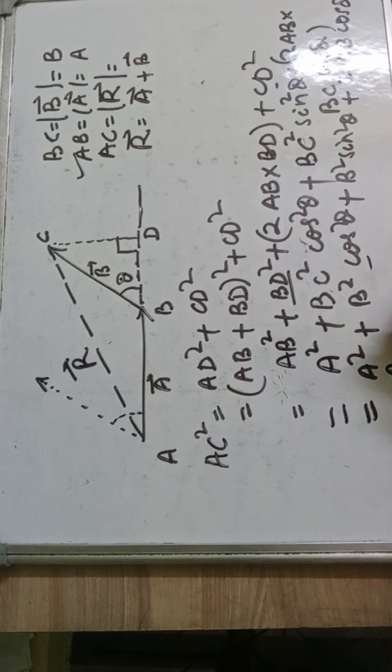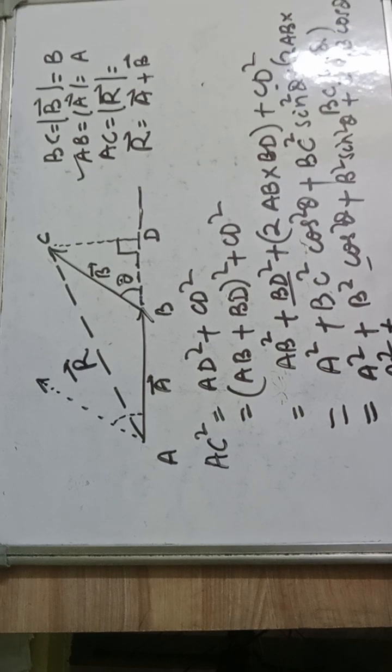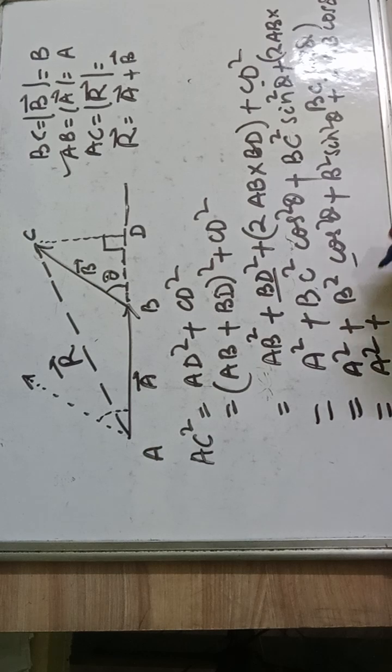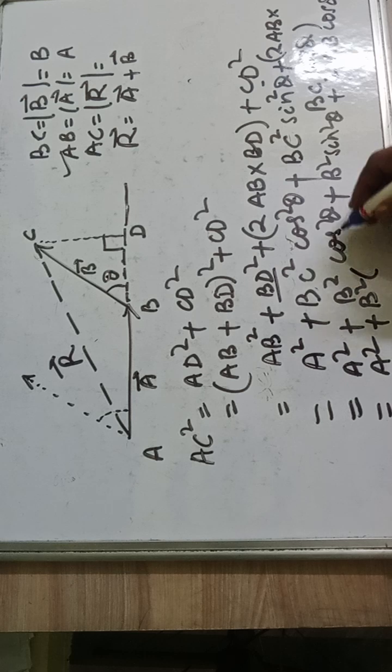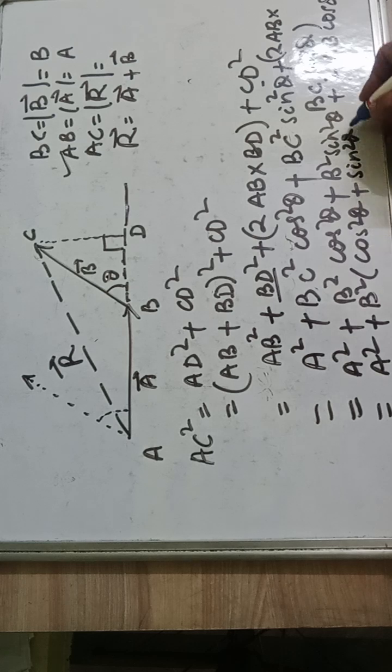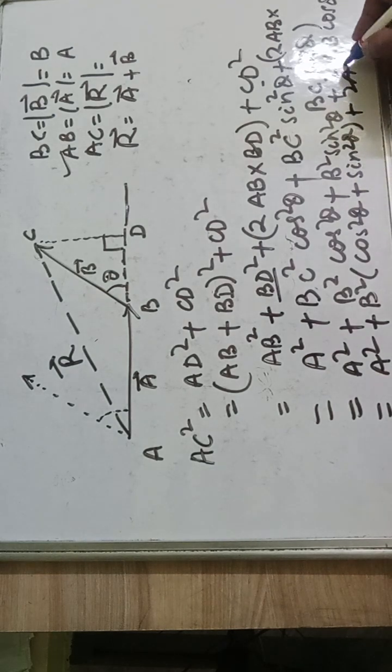Now this became A square plus B square taken common, then inside bracket it is cos square theta plus sin square theta, plus 2AB cos theta.